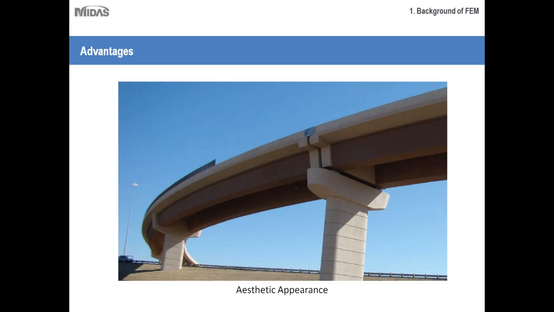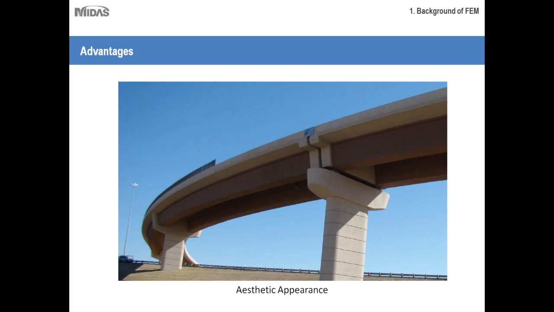And the last reason is that it is an aesthetically appealing bridge. It looks really beautiful as compared to the conventional I-girder bridges. So these are some of the reasons why engineers, DOTs, consultants and contractors are inclining towards this type of section.